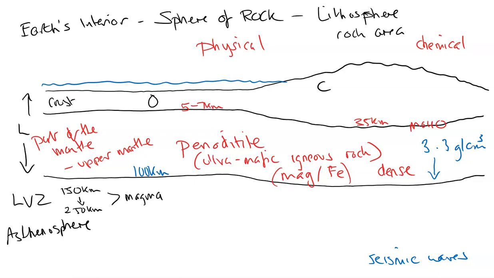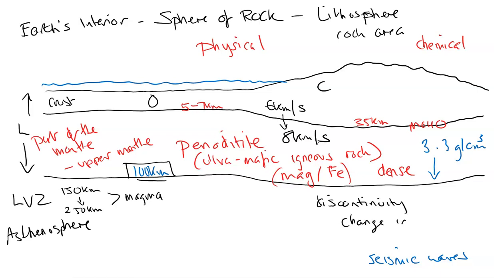But you have a lot higher density, which is going to change the seismic waves and make them increase from the average of 6 kilometers per second over the MOHO, where there's a change, and it goes to 8 kilometers per second. And then down to, again, 100 kilometers, where you'll see another change in velocity, which is called a discontinuity. Okay, so a change in velocity. So it's all about those seismic waves.